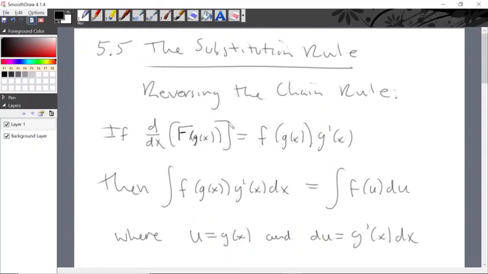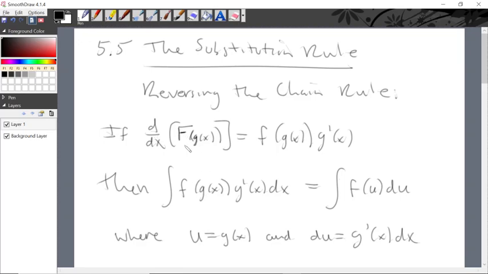So here's how we can suggest that the u substitution actually reverses the chain rule. Consider if we had a composition of functions. I have here the big F of lowercase g of x, that composition. I'm using the big F here because of what we're going to see in the integrand.